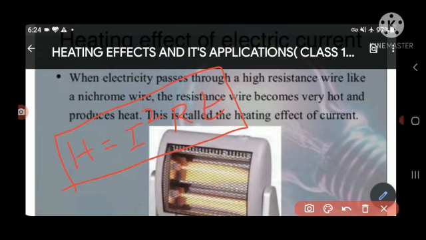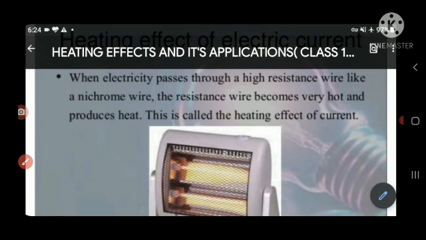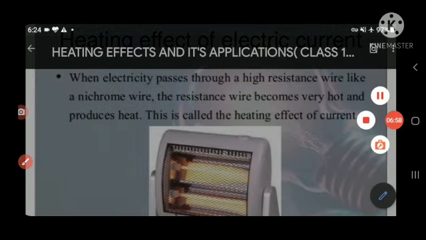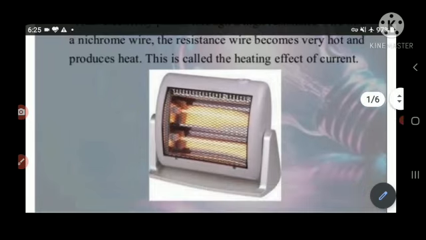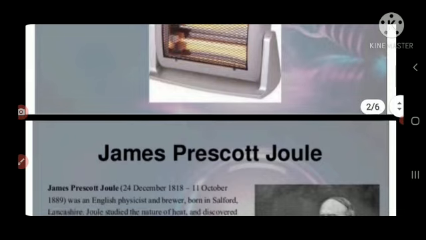So till now we have discussed Joule's laws of heating and the expression of heat produced, that is H equal to I square RT.